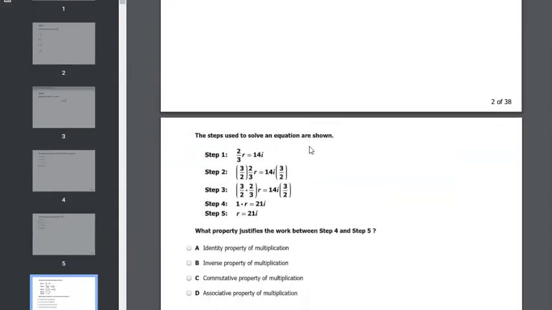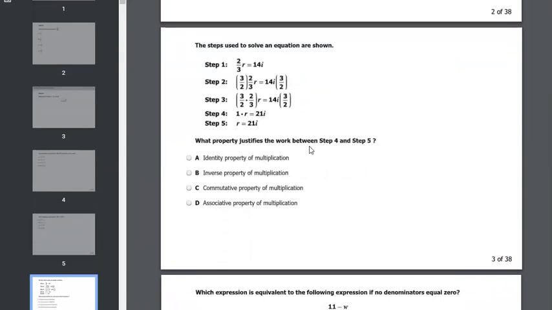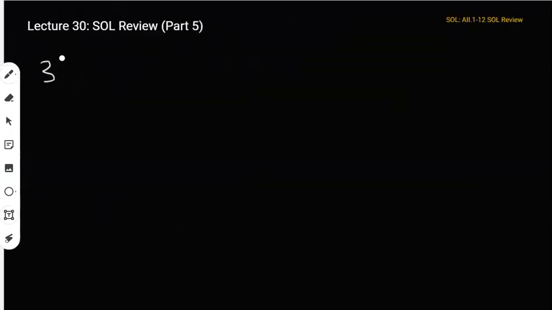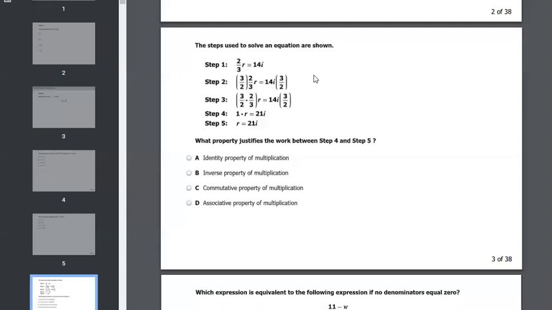All right, let's look at number 3. Okay, so this one gives you a bunch of steps. I'm only going to write down 2 of them, step 4 and step 5, because this is really what the question is asking.